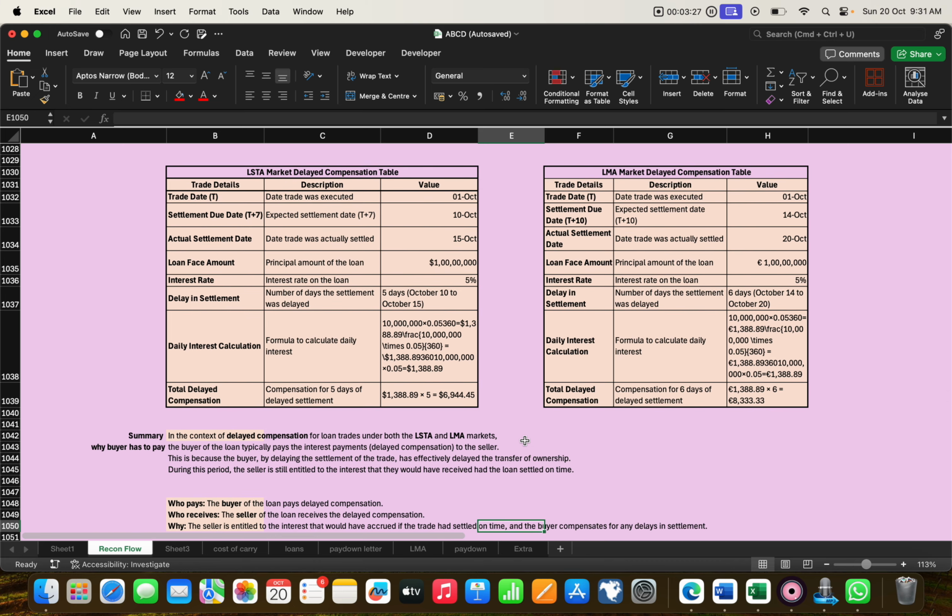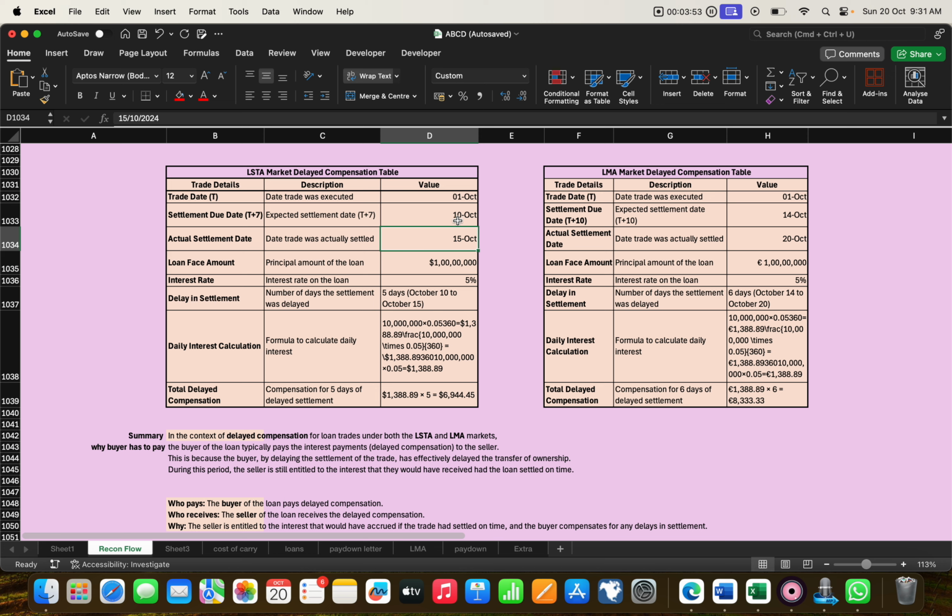Here we come with a detailed example of the calculation for two different markets. One is the LSTA market and the second is the LMA market. As per LSTA, we will discuss the B, C and D columns. The trade date was 1st October, the settlement date is 10th October, and the actual settlement date is 15 October. So a 5 day gap is there.